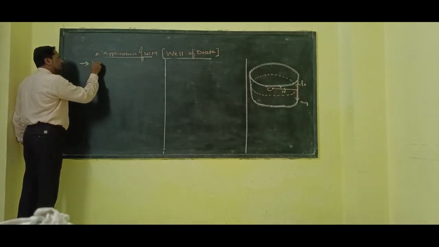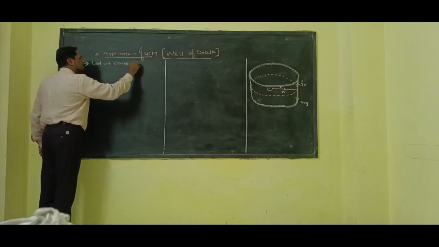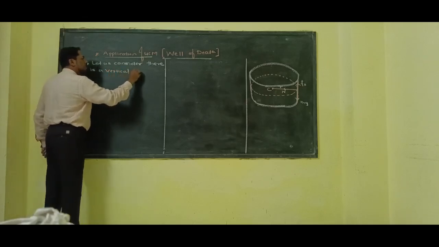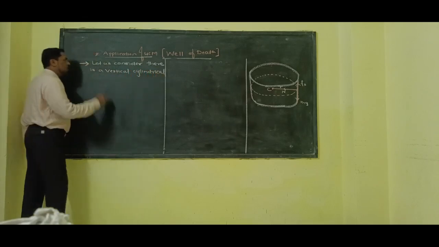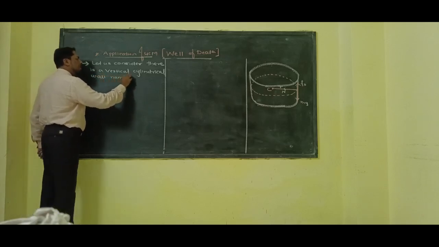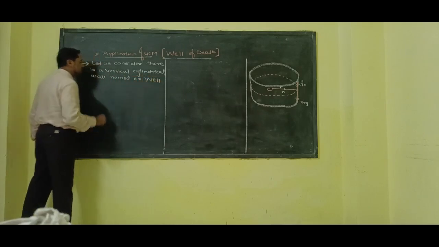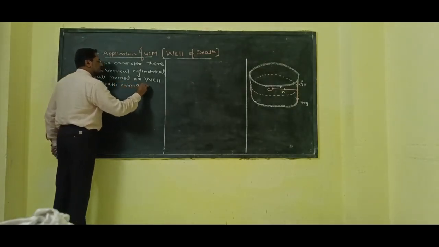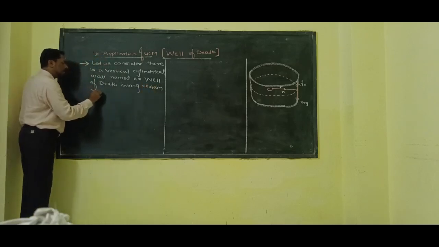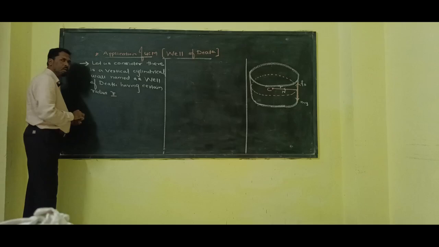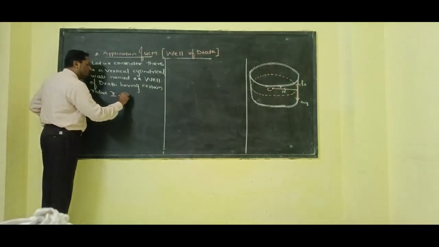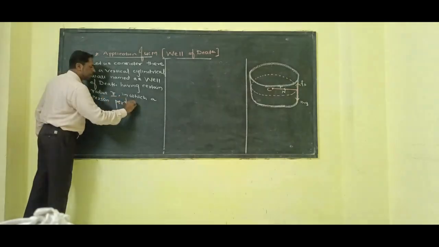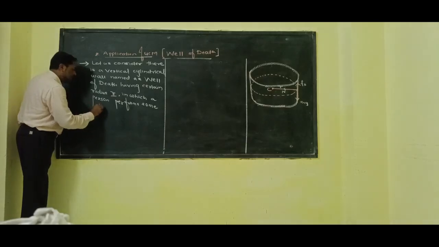So let us consider there is a vertical cylindrical wall, which we have named as well of death, having certain radius r, in which a person performs some stunt.